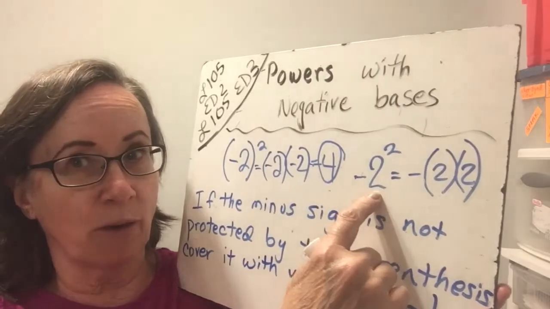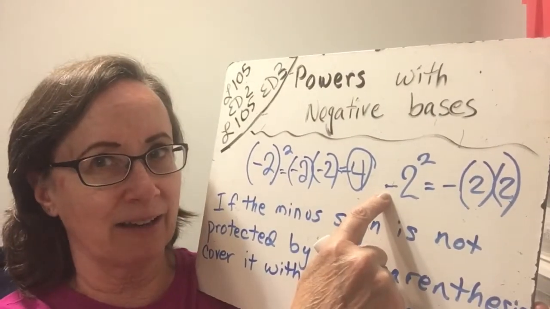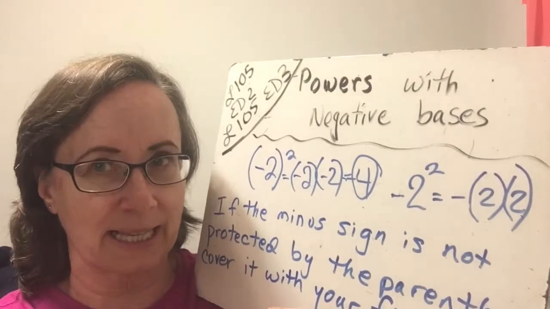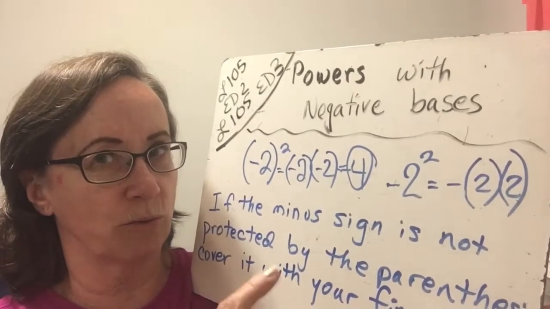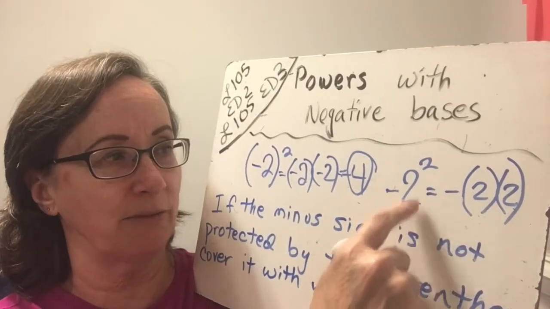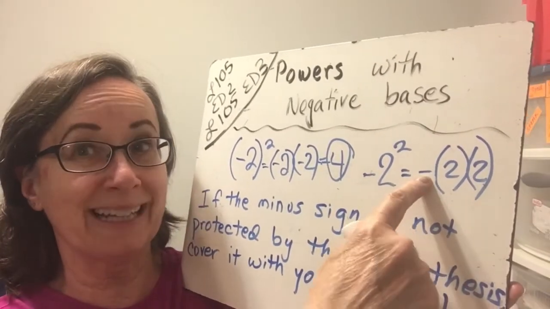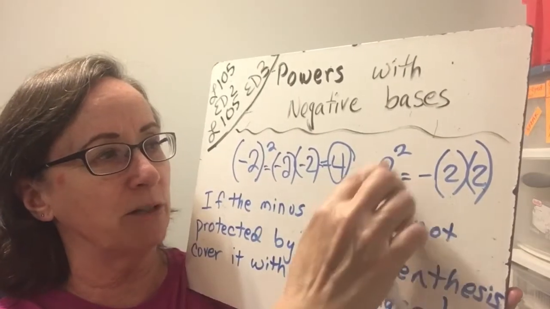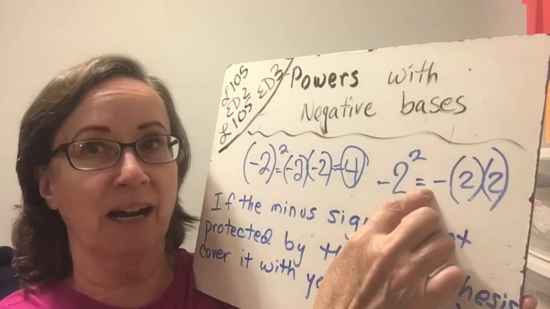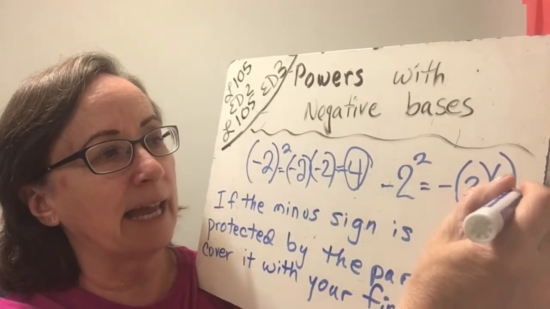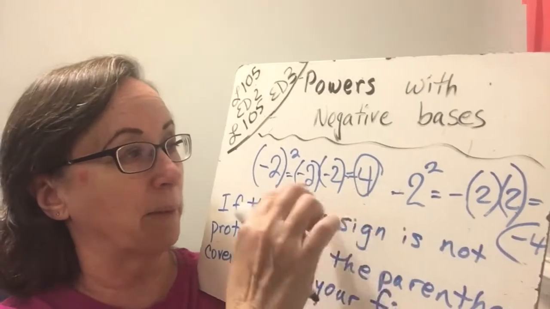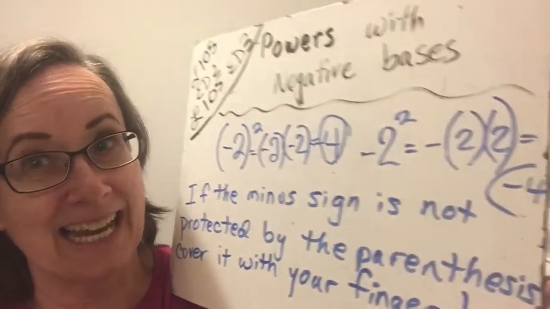Over here, though, we have -2 squared, which is the same thing as the opposite of 2 squared. So we bring the negative out for a little bit, and 2 squared is 2 times 2, which is 4, but then the opposite of 4 is -4. So one of our results was a +4, and the other was a -4.